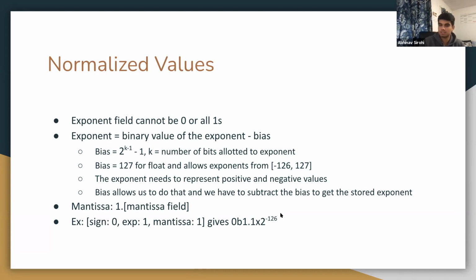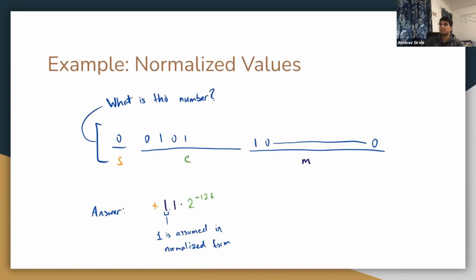So let's do some practice with this. Let's say you're given this number where the sign is 0. This is the exponent. Oh wait, what did I do here? Sorry, just give me a second.